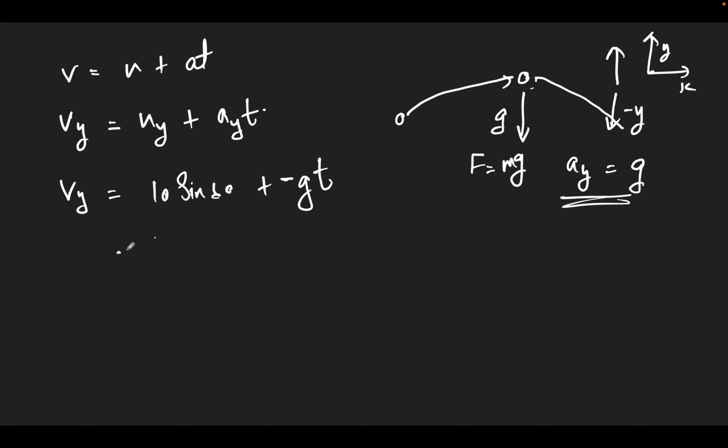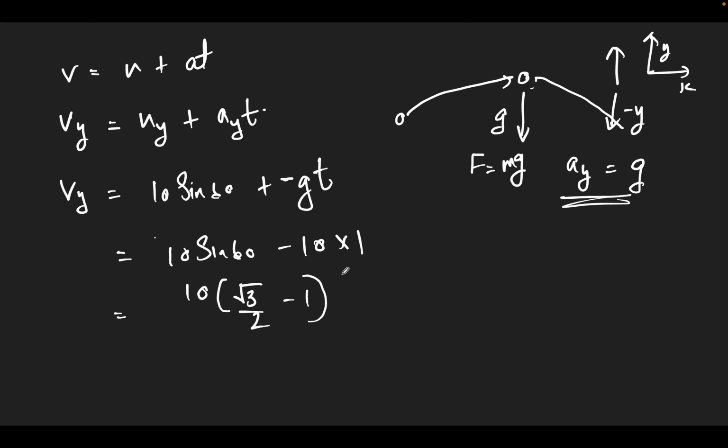So it becomes 10 sine 60 minus g into t. g is 1, so 10 into sine 60 minus 1. What is sine 60? Sine 60 is root 3 by 2. Root 3 by 2 minus 1 meter per second. You don't have to simplify, you can just put it like that. So Vy is equal to 10 root 3 by 2 minus 1.